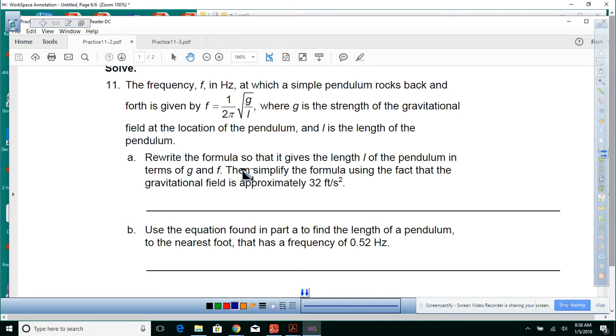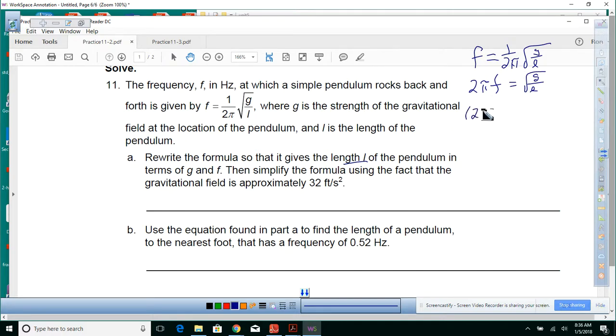All right, so we're going to rewrite it as L equals. So we have f equals 1 over 2 pi times the square root of g over L. So I'm going to multiply both sides. So I got 2 pi times f equals the square root of g over L. I'm going to square both sides.